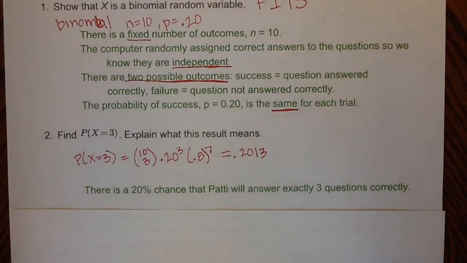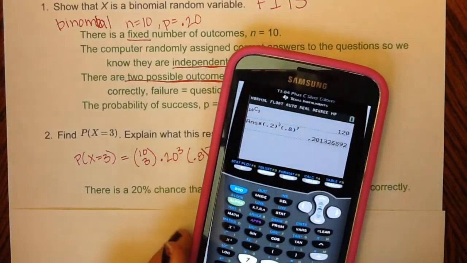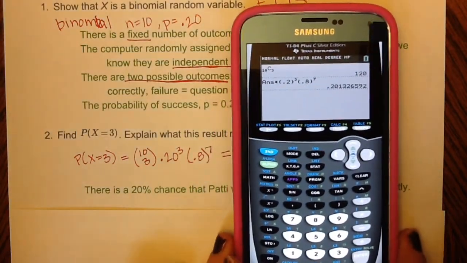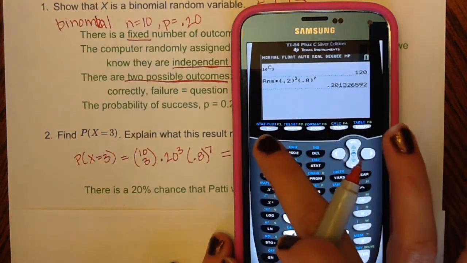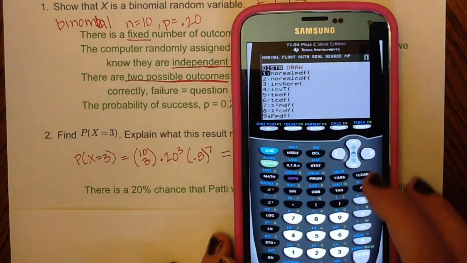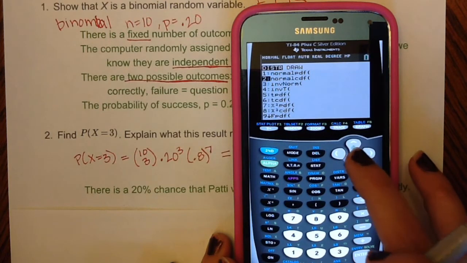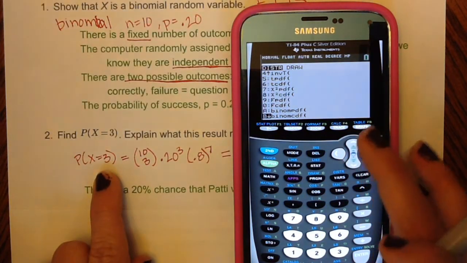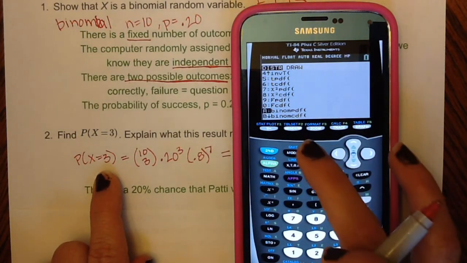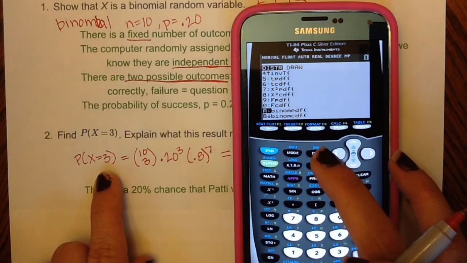There is another way to do that in the calculator, just like we did with distributions before. So instead of using the formula like we just did, you can go to distributions, just like we did for normal distributions. And this time we would go to a binomial distribution. Because we're looking at exactly equal to, it's a PDF rather than a CDF. Remember, CDF stood for cumulative.